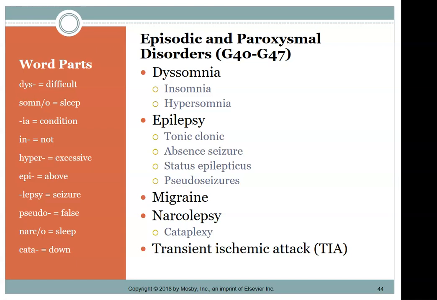The sequelae may include paralysis, weakness, speech defects, and sensory changes that last less than 24 hours. And your word parts: dys is difficult, somno is sleep, ia is condition, in is not, hyper is excessive, epi equals above, lepsy equals seizure, pseudo is false, narco is sleep, and kata is down.